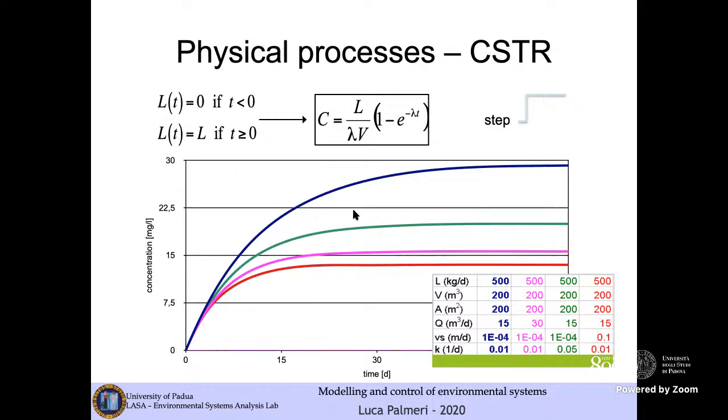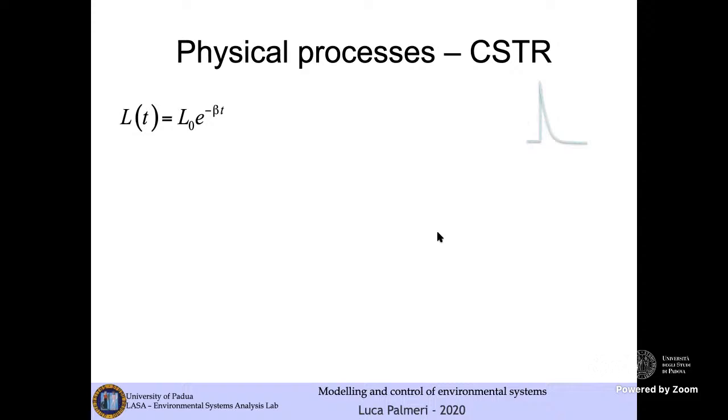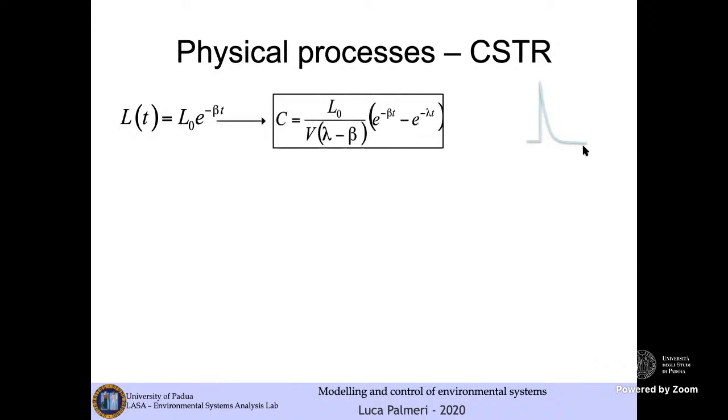Then we have seen a last example. This is the example of a pole function, in which you have a subsequent exponential decrease of concentrations. This example is typical, for example, for first flash discharging, for example, of sewage systems.